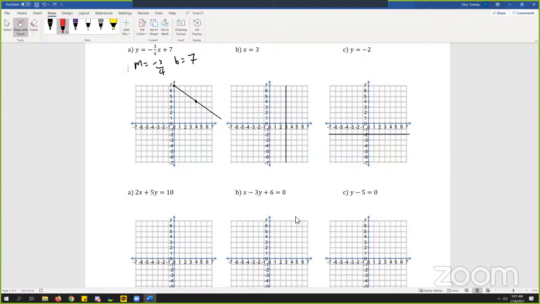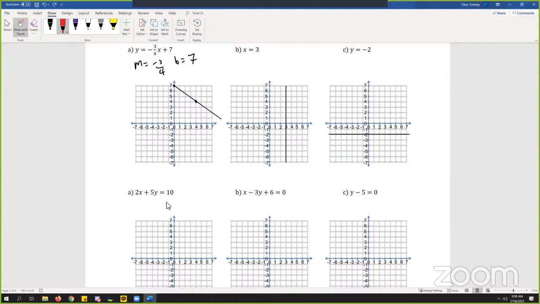These next three questions, a little more tricky, but doesn't change anything. Your process is still to solve for slope and y-intercept if you'd like, or the second option was to solve for your x and y intercepts, right?